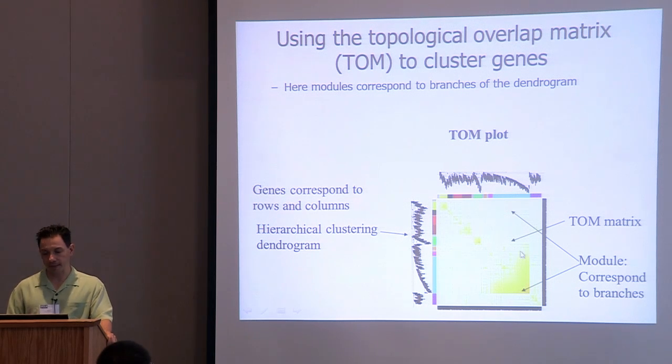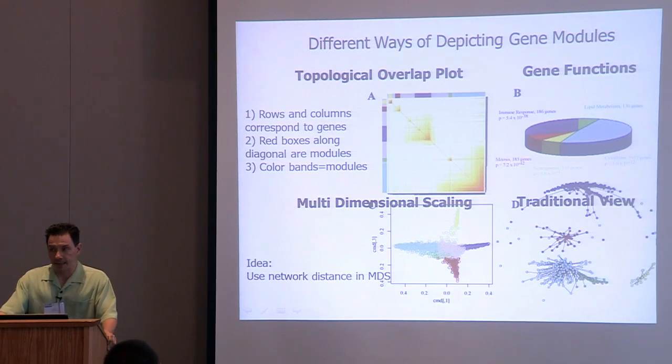And when you do that, then the modules correspond to clusters, to squares along the diagonal, right? So here you see this turquoise module, this very big branch, and it roughly corresponds to this square. Similarly, the green module gives rise to this square. All right. That's the TOM plot.